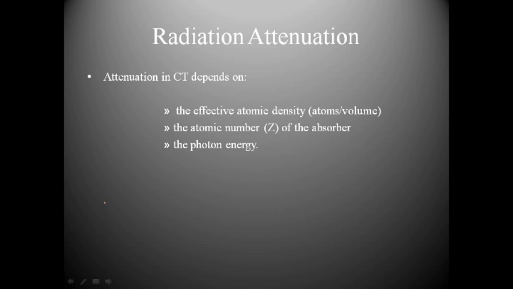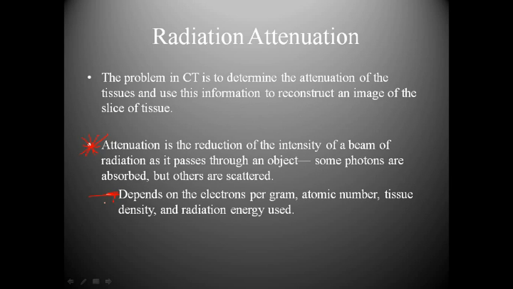The book gets a little confusing because it gives you two separate lists of things that attenuation in CT depends on. The previous list has electrons per gram, atomic number, tissue density, and radiation energy used.